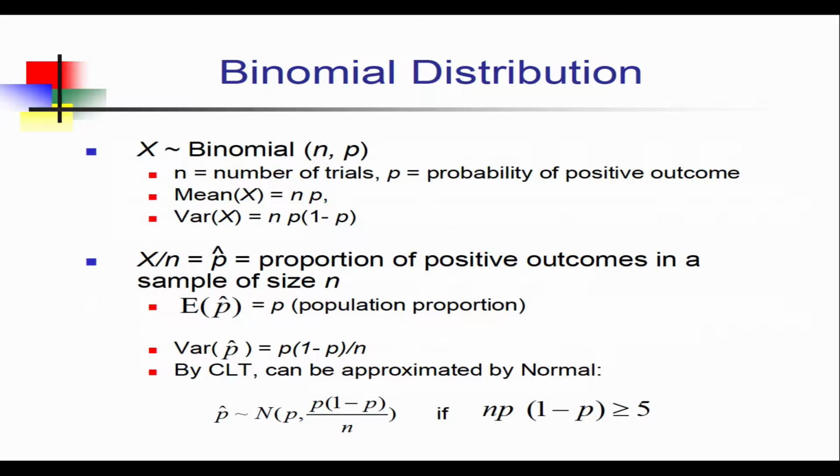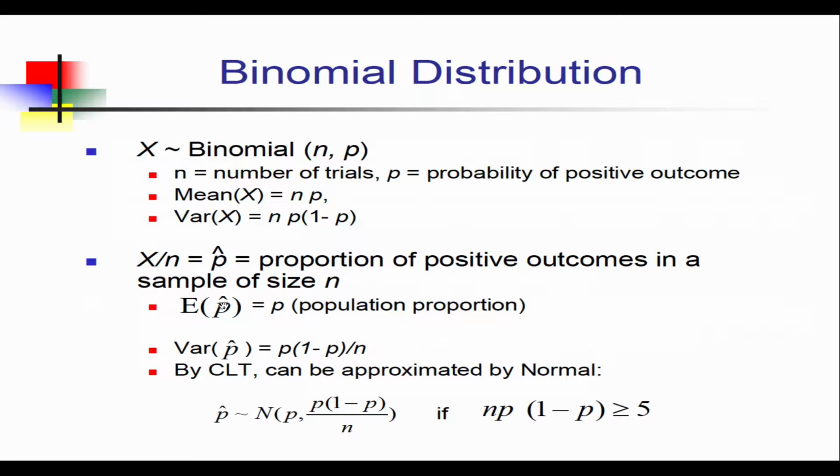From these binomial distribution properties, we also know that the sample proportion, x divided by n, which we call p hat, is an unbiased estimate for p, the population proportion. Its expectation equals the population proportion p. The variance of p hat is p times 1 minus p divided by n.